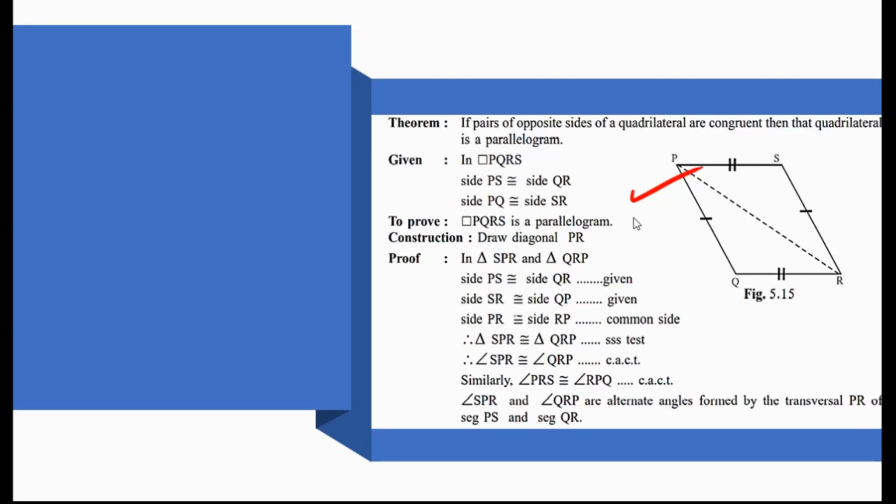Is there any way? That is one way you will think. To prove that opposite sides are parallel, can I prove something like the converse of alternate angle, corresponding angle or interior angle? If I could prove congruency, then I can prove it. That means all these things should come to mind, then only you will get the idea to solve it.